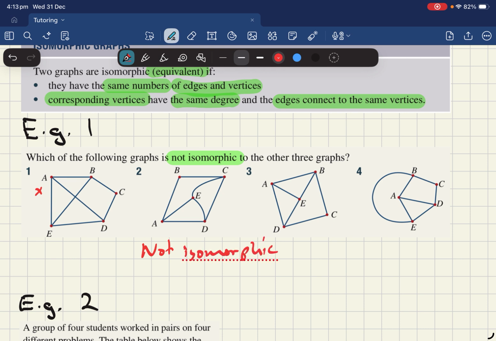We can also see as well, one other difference: C has a degree of 2 in this one, graph 3, and C has a degree of 2 in graph 4. But once again, in graph 2, C has a degree of 3. So all of these other ones, 1, 3, and 4, are equivalent, but 2 is not. So we say it is not isomorphic.